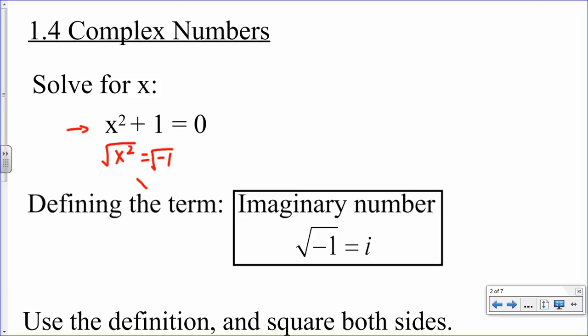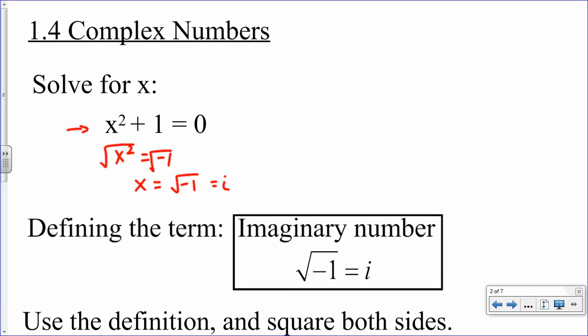And without imaginary numbers, you get stuck here. So we define the square root of negative 1 as i. Then we can solve these equations. So i equals the square root of negative 1.